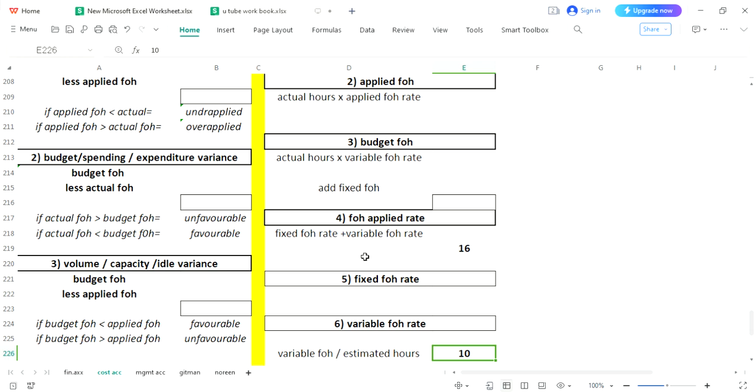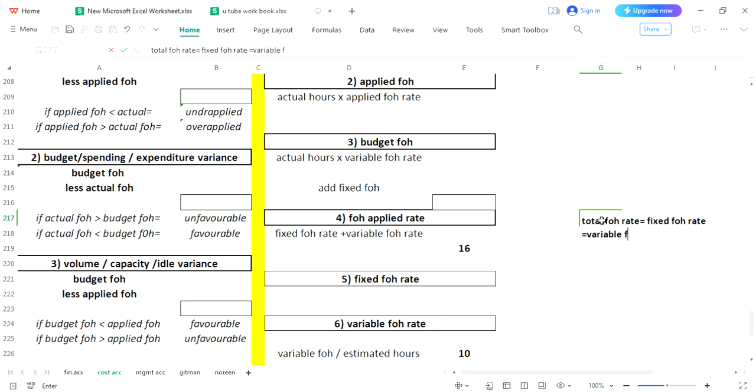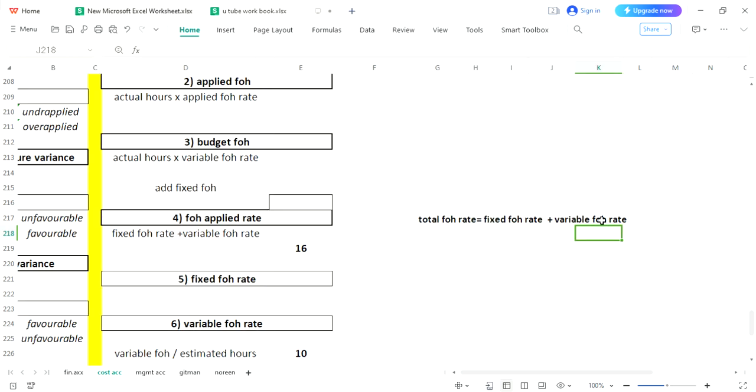How does the total FH rate come? When you add the fixed FH rate with the variable FH rate, you get the total FH rate.